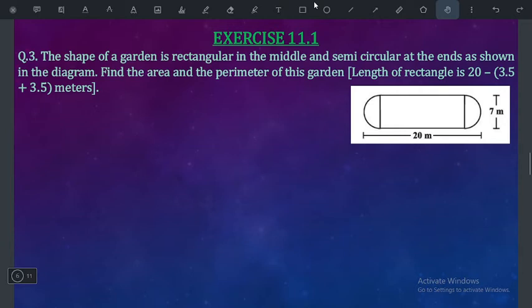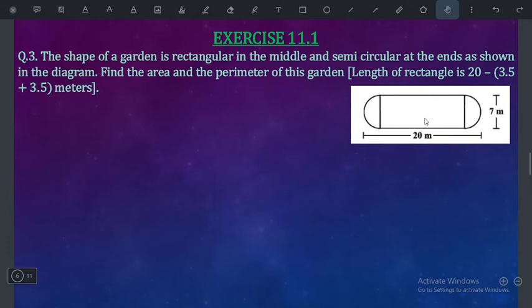Now, this is our garden. What is the shape of the garden? The shape of the garden is rectangular in the middle portion, and its ends are semicircles.